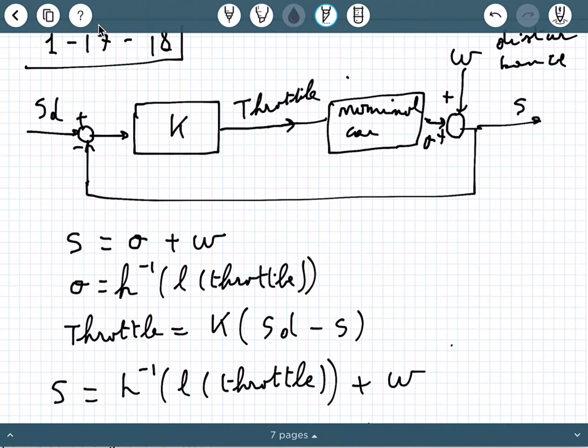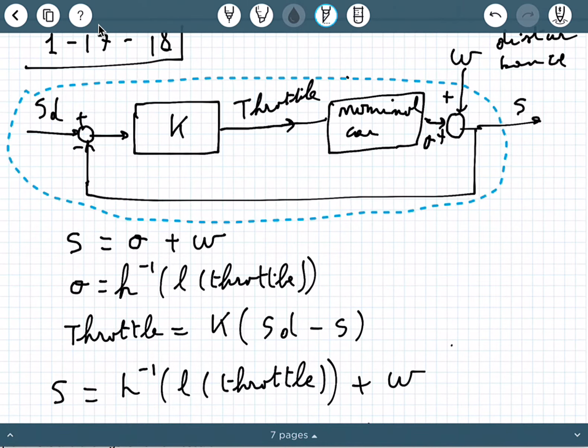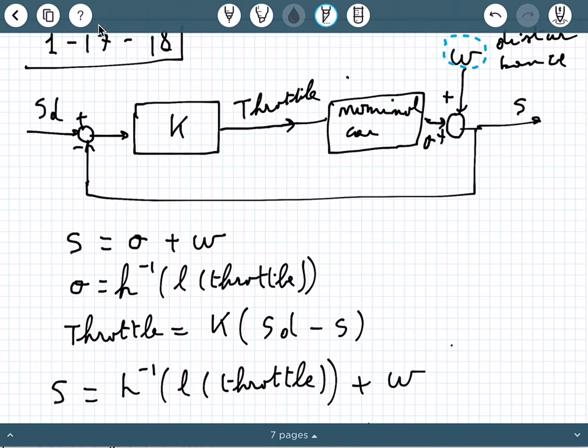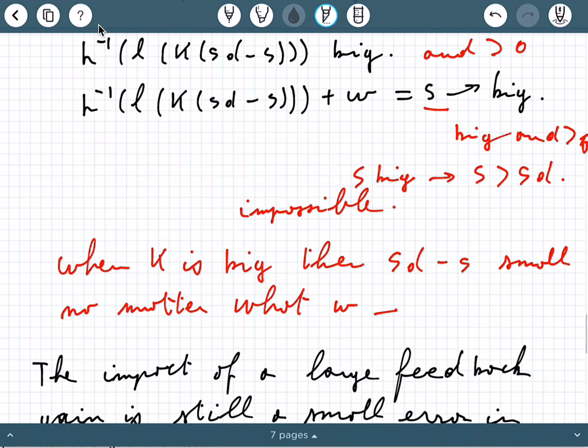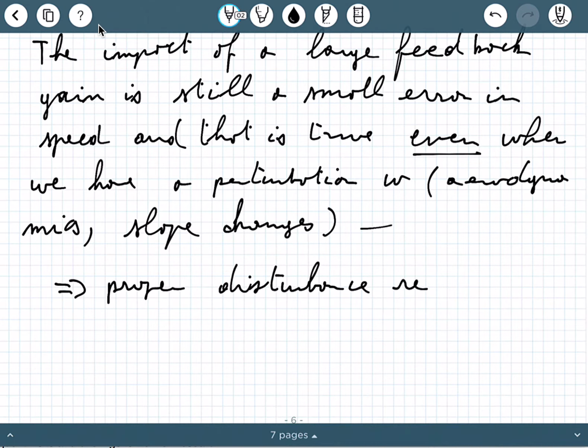And that pretty simple feedback control architecture is actually capable of taking care of W. So you have what's called a proper disturbance rejection. Okay.